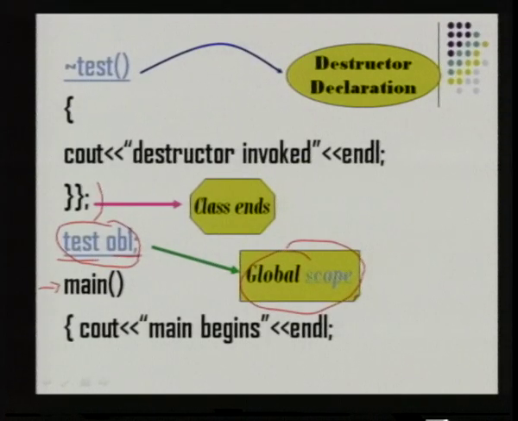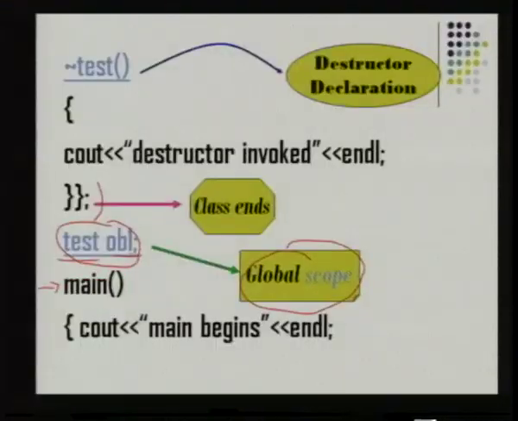So, the starting of the constructor is here. The constructor is invoked whenever an object is created. So, when this object is created by the user and the compiler sees this particular statement in the program, it will identify that it has to call the constructor. Next, it will go to the main function, and it will display main begins.